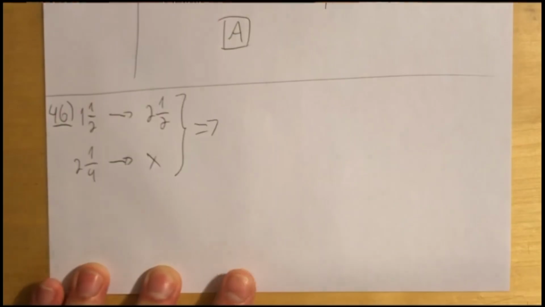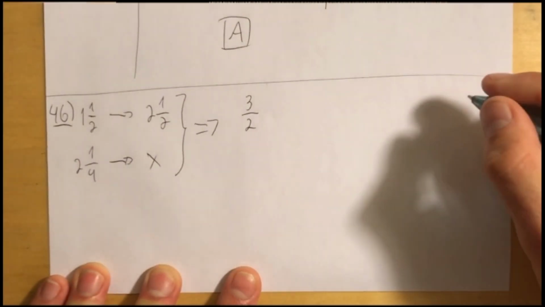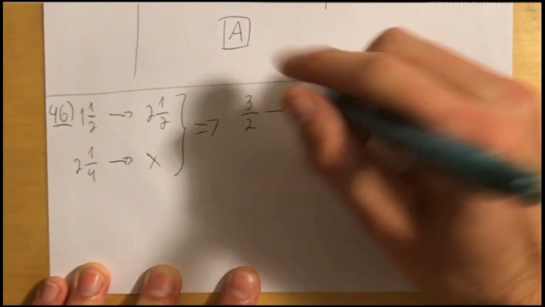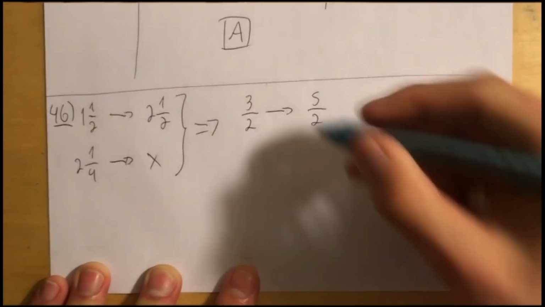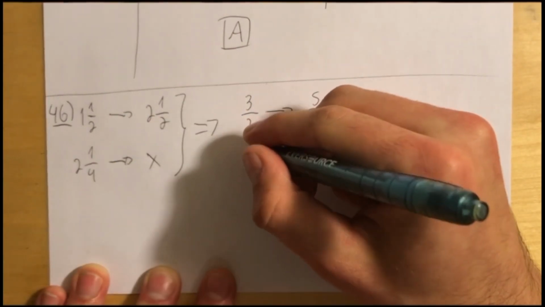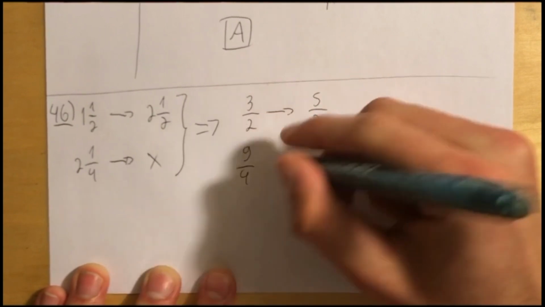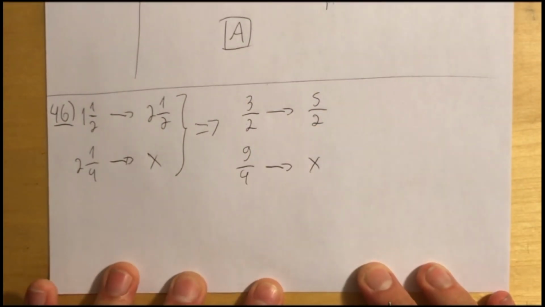Let's rewrite this as 3 halves, and 5 halves, and this as 9/4, and x cups of flour.